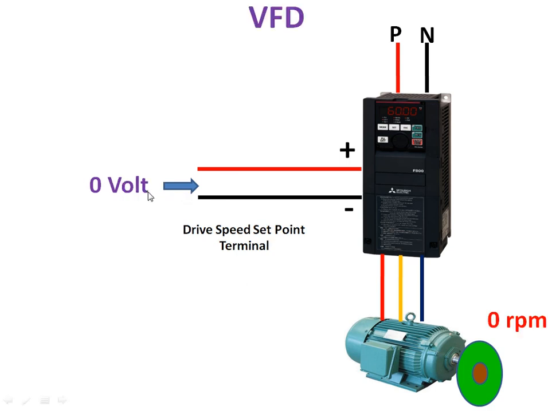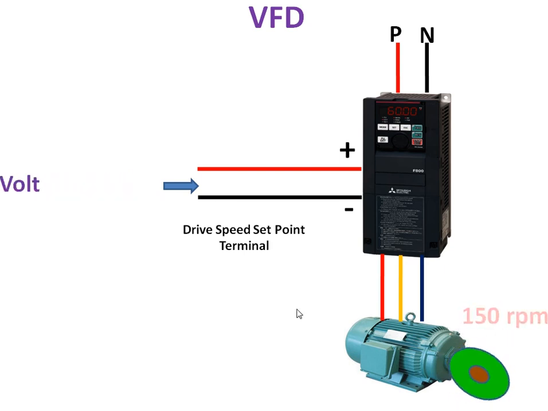Suppose I apply 0 volt across this drive speed set point terminal or control terminal, the motor speed will become 0. So 0 volt, 0 rpm. If I apply 1 volt, the motor will rotate at 150 rpm.